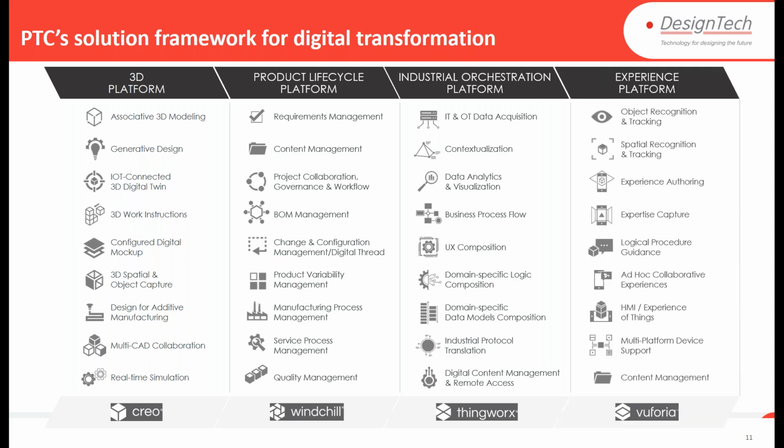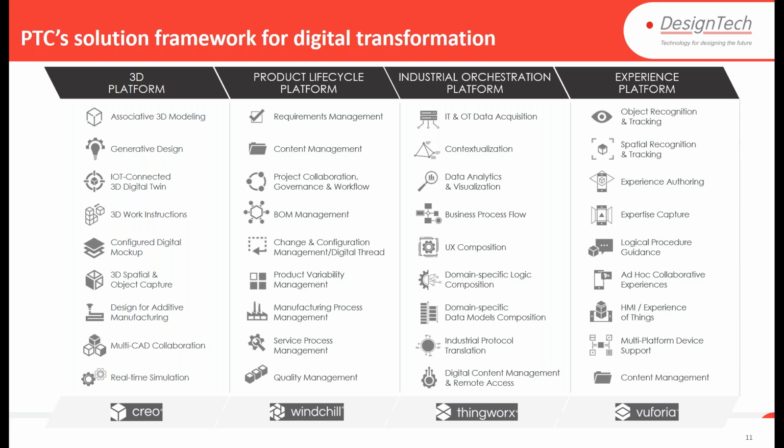The last one is Vuforia. Basically, it is also an Industry 4.0 technology, where we create some kind of graphical content which is meant to provide information to the front line workers to complete some kind of task, like doing servicing, doing maintenance work, or maybe doing some kind of assembly or disassembly work at that assembly line.